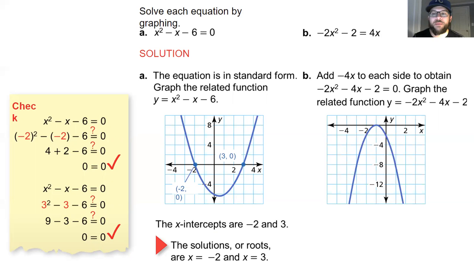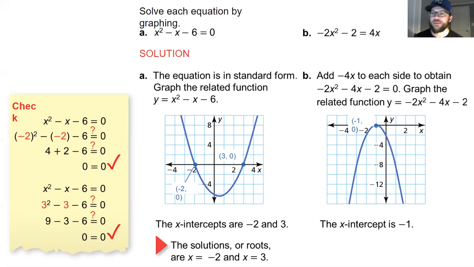You could do your negative b over 2a to get your axis at -1, and then you plug that back in to get your vertex, and that's the coordinate point. But notice that this graph only crosses at one point. So your vertex is actually your x-intercept. So there's only one solution.